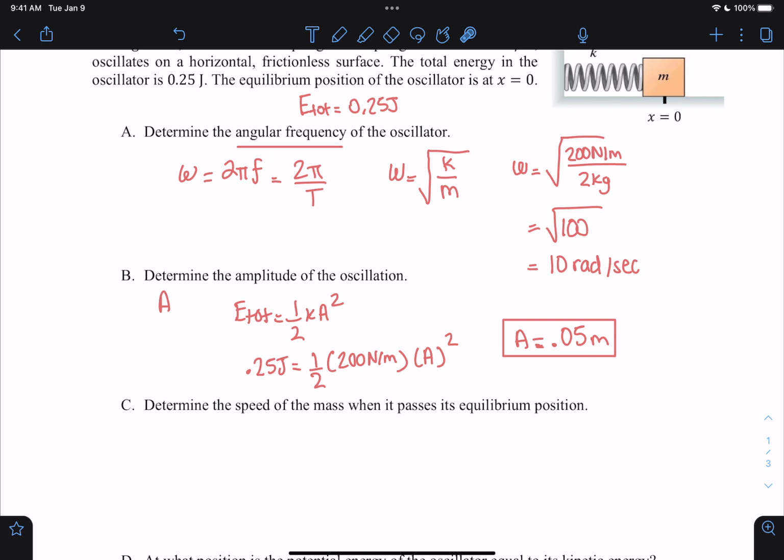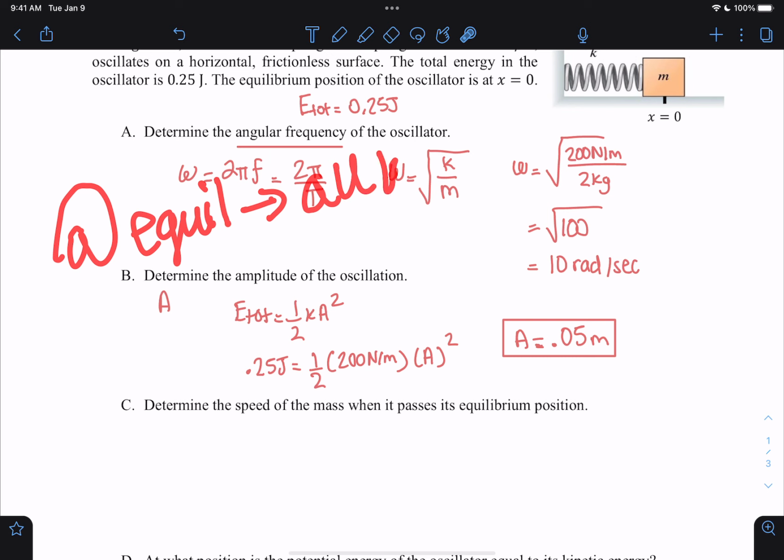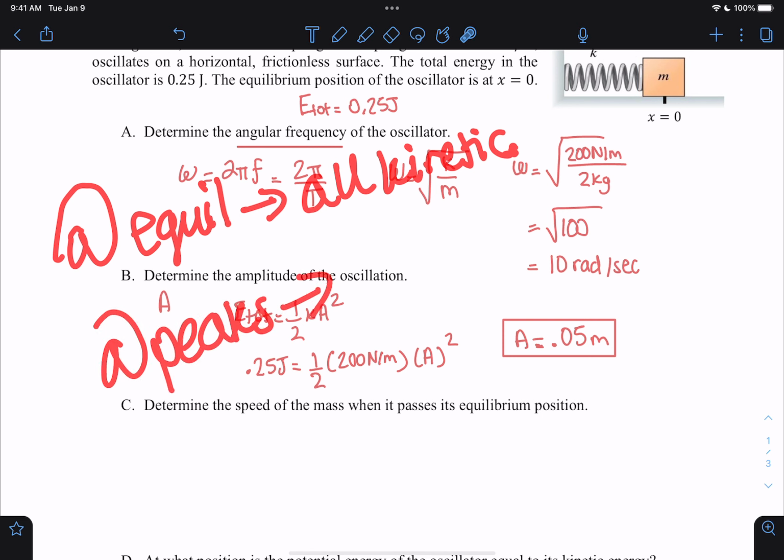So when you're at equilibrium position, I tried to do an at sign, my bad. At equilibrium, it's all kinetic. You'll have maximum kinetic energy basically. At peaks, it's all potential.